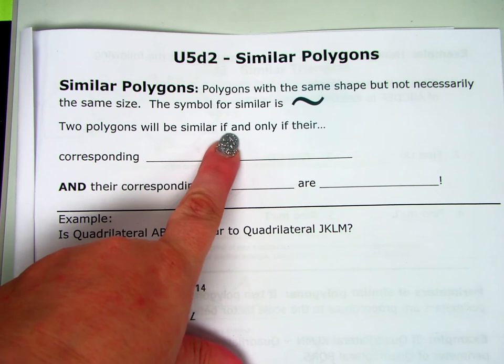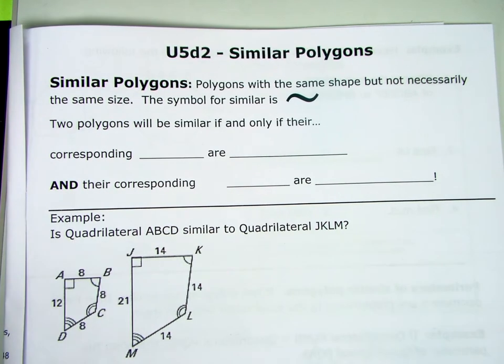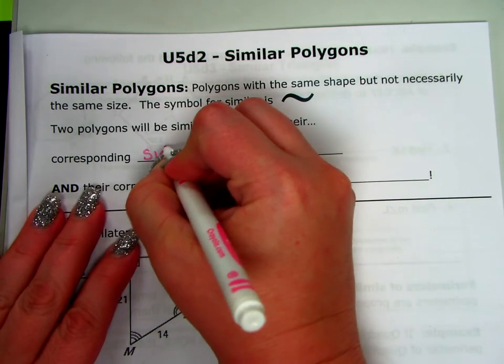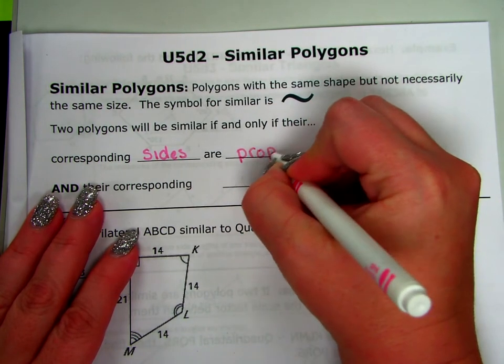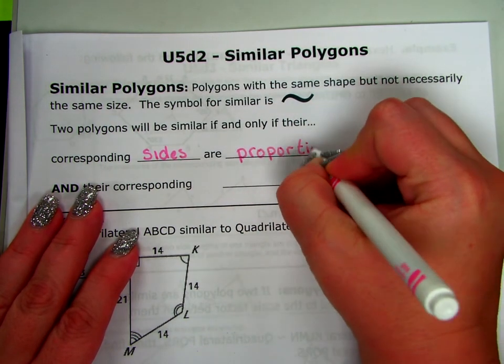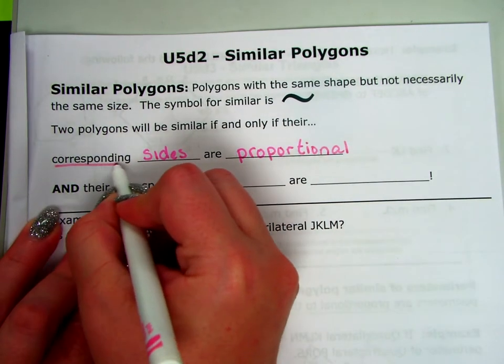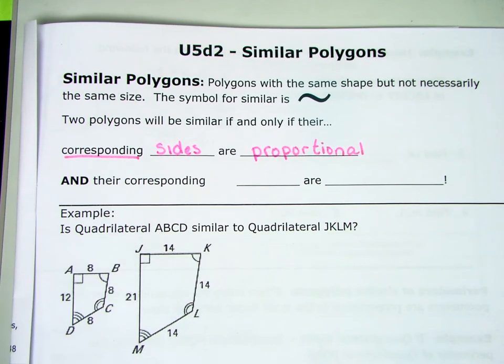You'll know they're similar because they're going to have two distinct properties. Two polygons will be similar if and only if their corresponding sides are proportional. So corresponding is important. They're corresponding, so sides that are in the same spot are proportional.